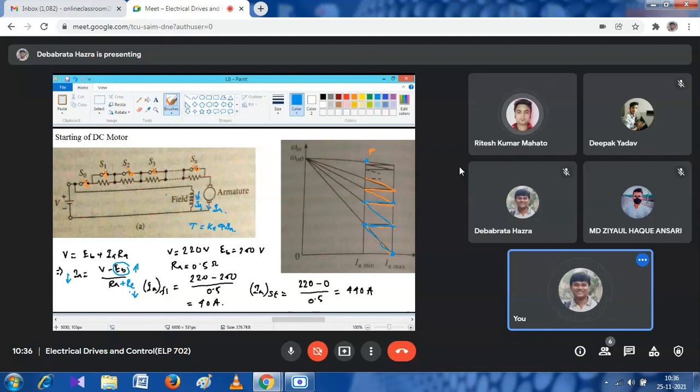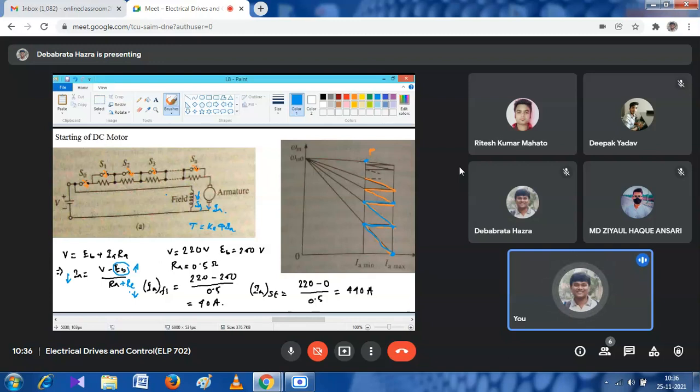And the resistance is inserted in the armature path by the help of a starter, the device by which we insert the resistance in armature path is called starter.